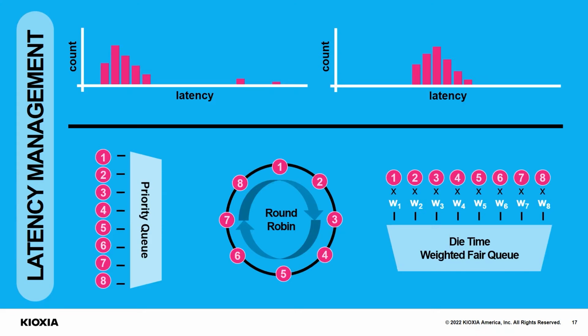We also have die time weighted fair queuing, which allows enough knobs that applications and orchestration tools can customize the latency profile of an application, or of multiple applications on one server, at runtime as required. This tight latency control on a per workload basis can really make it easier to implement, say, multiple service classes with a single drive. And it relies on the hardware to ensure the fairness and timeliness of responses. So it's the best of both worlds.